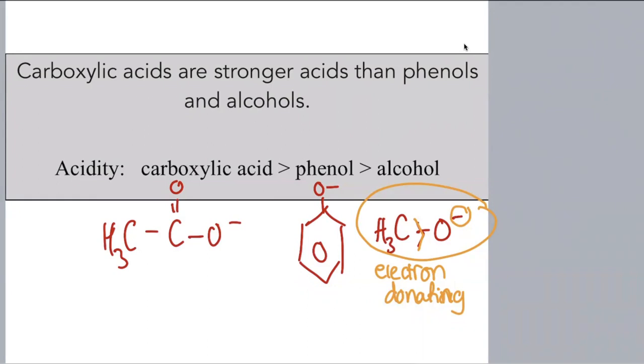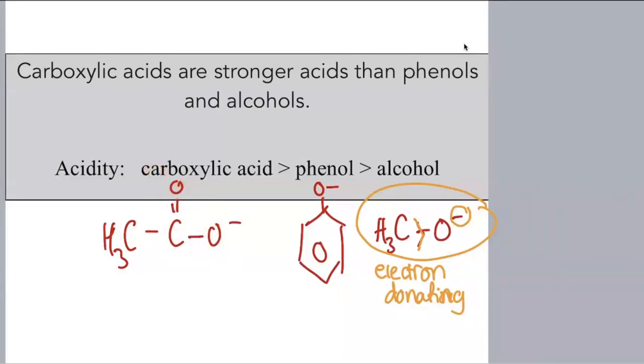Yesterday we saw that in carboxylic acid, there is a delocalized system in the COO minus part of the carboxylate ion. Basically, the p orbital of the pi bond between the C double bond O overlaps with the orbital of the lone pair on the oxygen with the negative charge.